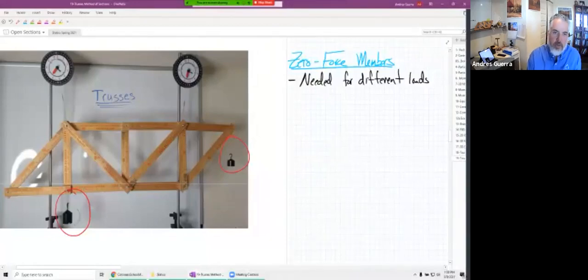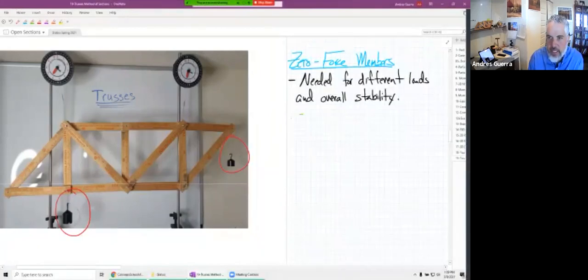In another load case, we have zero force members in other areas. The other reason, as we'll see when we start working on our problem today, is overall stability, having everything tied together and integrated together. And so we're going to identify our zero force members.